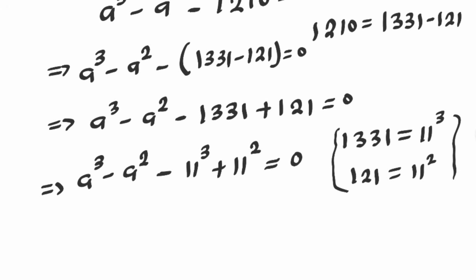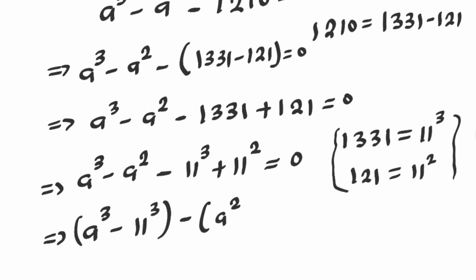Now here we have a raised to power 3 here and 11 raised to power 3 here. A raised to power 3 minus 11 raised to power 3. Then this is minus a square here and this is plus 11 square. Here is minus a square minus 11 square is equal to 0.